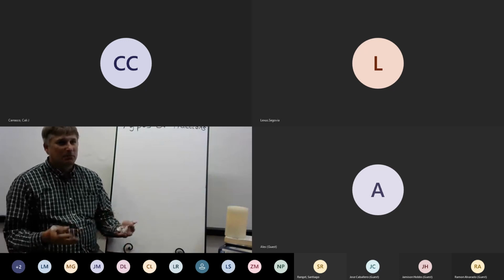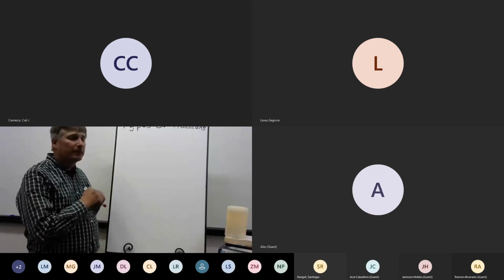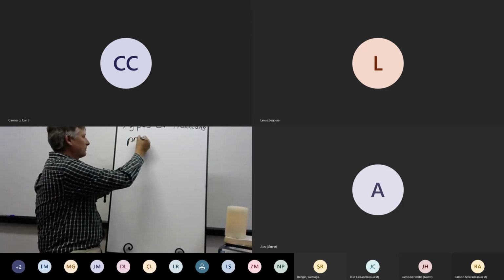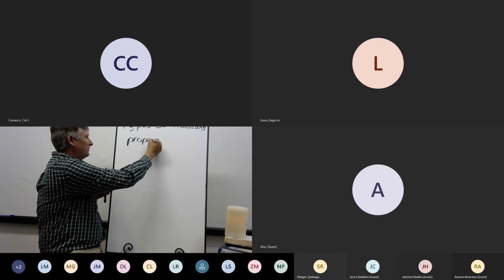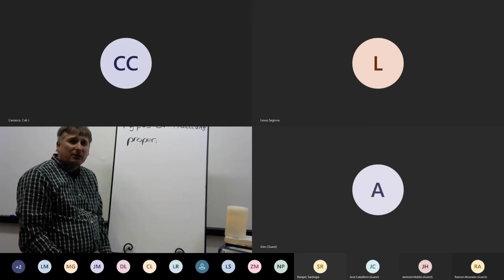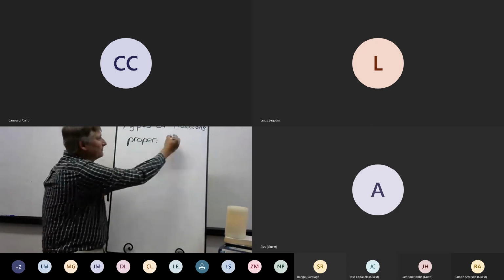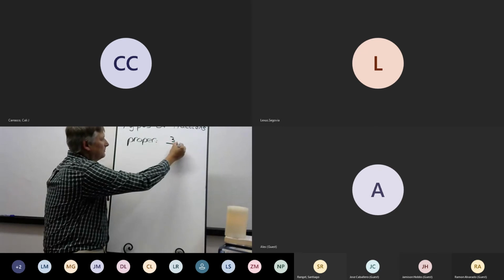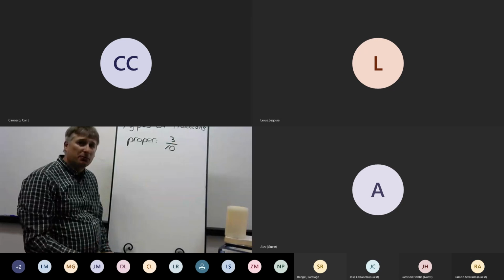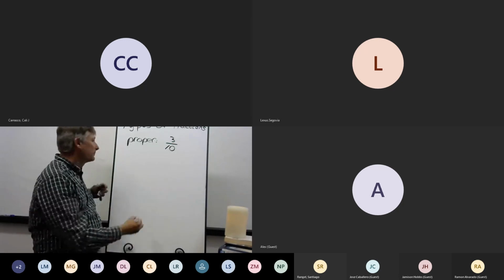We have sort of breeds of fraction. And the first one's the proper. A proper fraction is where the top number is always smaller than the bottom number. So an example of a proper fraction would be 3/10. Then you have what's called improper.